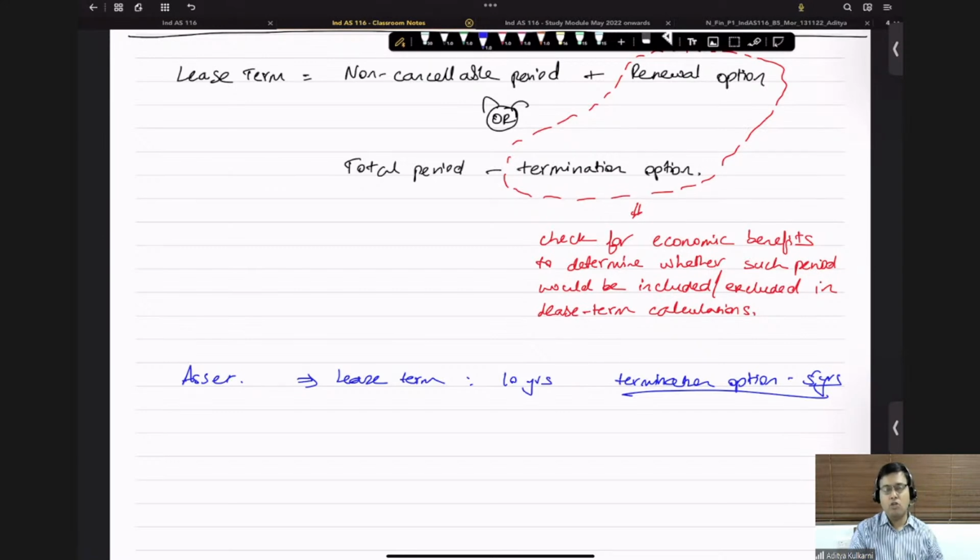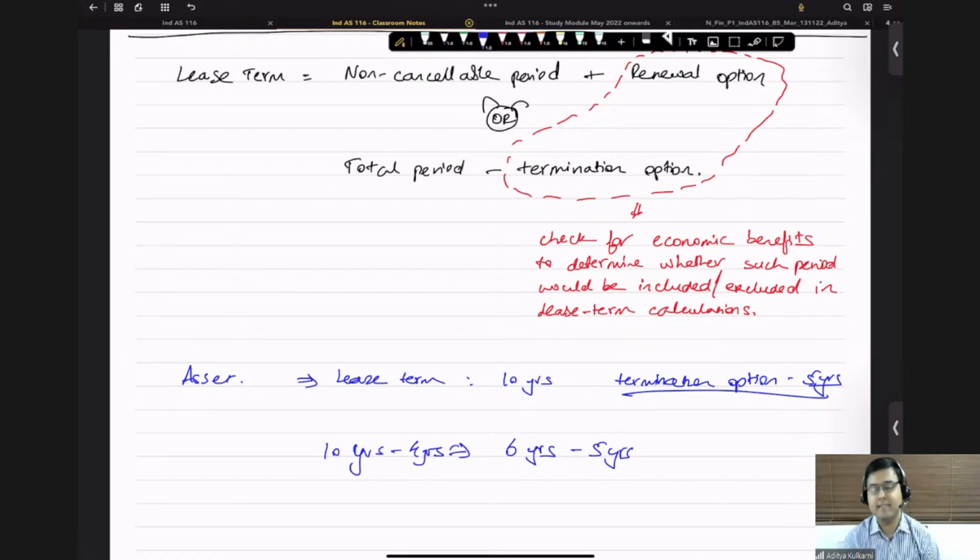That means now your lease tenure should drop down. Earlier, it was 10 years. Out of 10 years, 4 years have passed. Yes, you have completed 4 years. That means you still have 6 years worth of ROU asset and 6 years worth of lease liability pending to be amortized and accounted. But now out of 6 years, the second lot of 5 years you are cancelling.